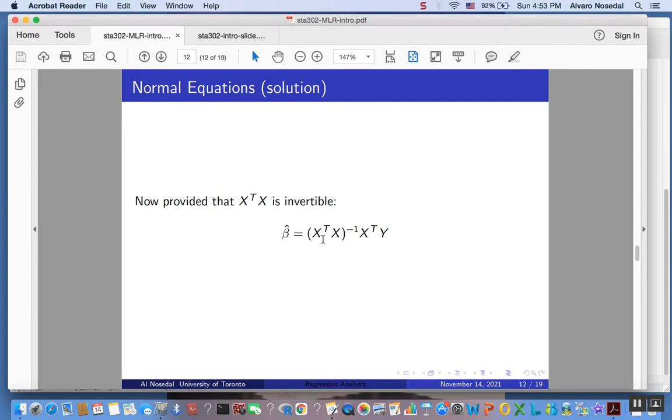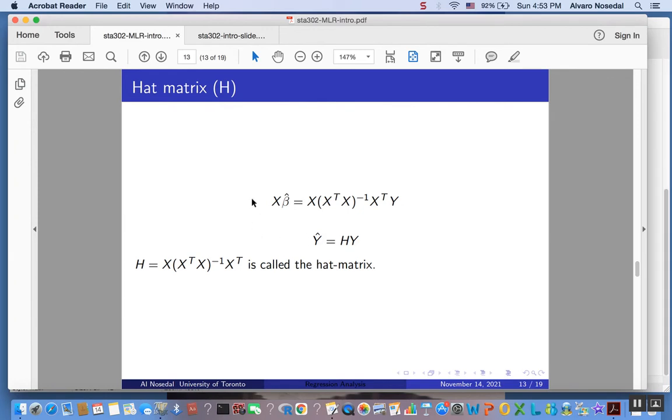Here we have that if we pre-multiply beta hat, the least squares estimate of beta, by x, the design matrix, you will end up with our predicted values, what we call y hat. Those are our predictions. But if you do that, then you have this expression here: x beta hat equals x times x transpose x inverse x transpose y.